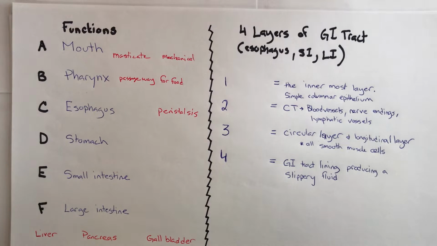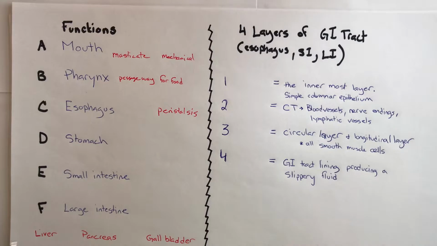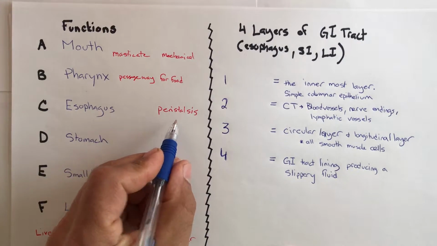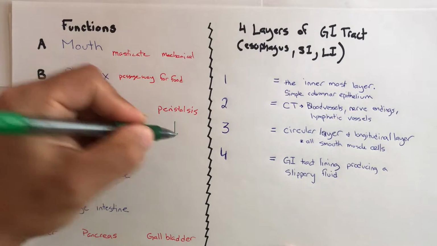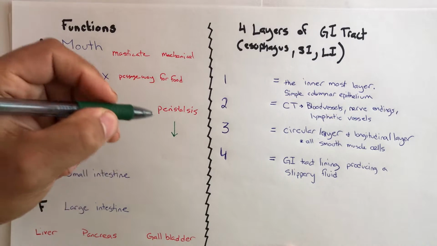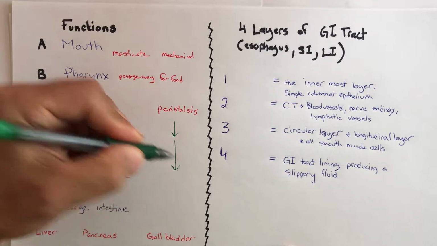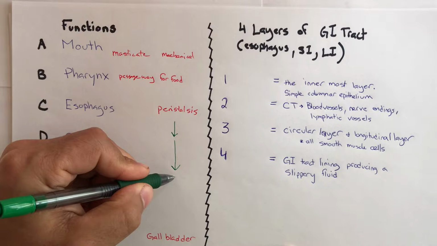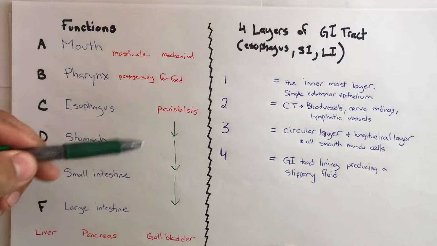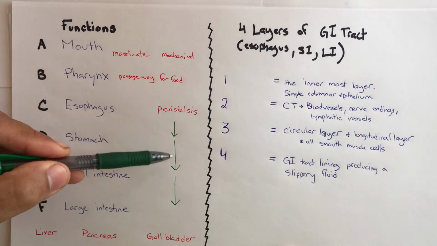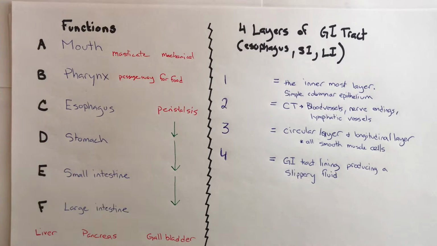That is called peristalsis. And it's important to know that this occurs in the esophagus, in the stomach, in the small intestine, and all the way through the large intestine to the end. So peristalsis starts in the esophagus and it occurs all the way through.